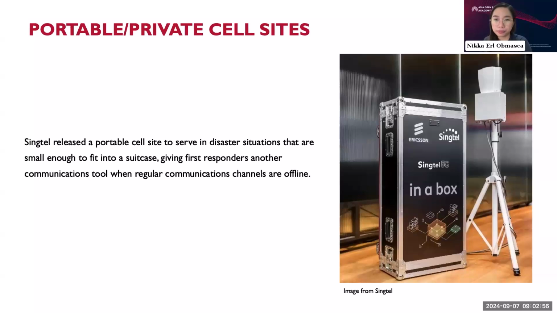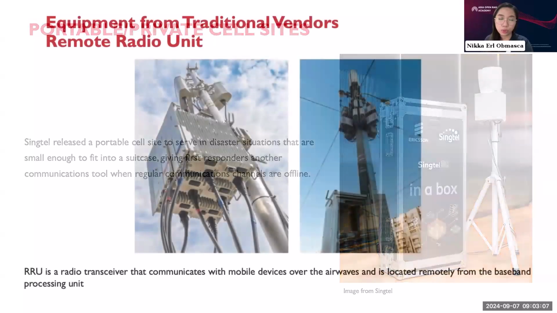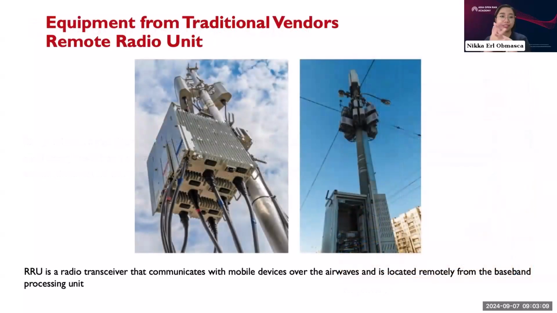Moving forward, ano ba yung mga equipment natin that comes from our traditional vendors? So first is we have what we call the RRU. So again, ano nga ba yung RRU natin?